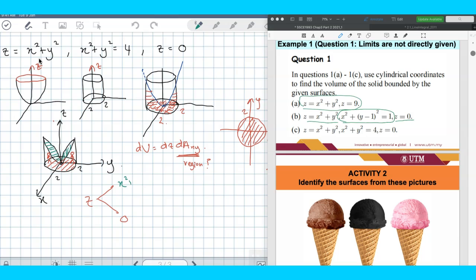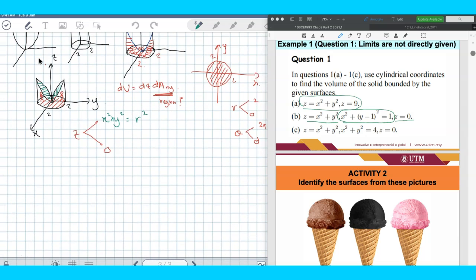You have x squared plus y squared, and since our region is a circle or part of a polar equation, we can solve using cylindrical coordinates, where this becomes r squared. So the volume is the integral of r dz dr d theta, theta from 0 to 2 pi, r from 0 to 2, and z from 0 to r squared.